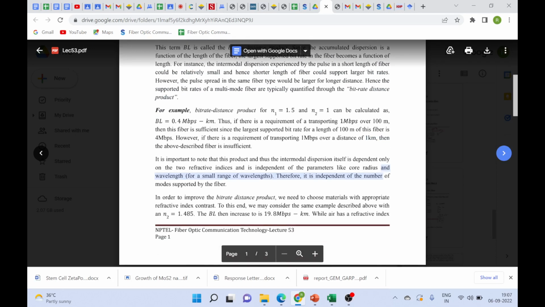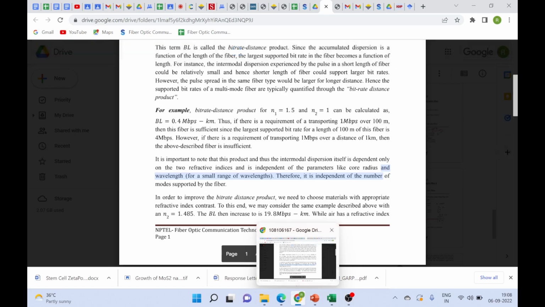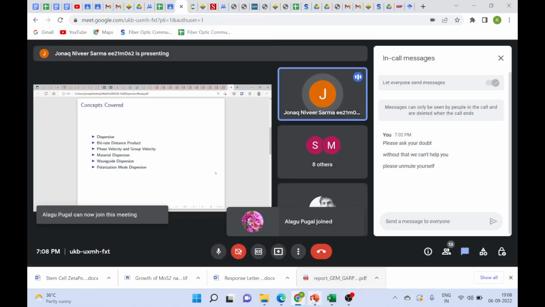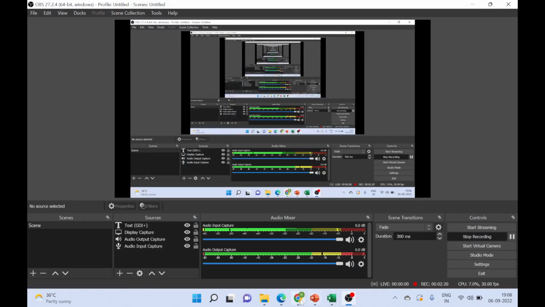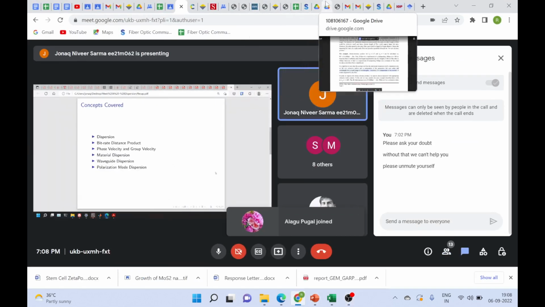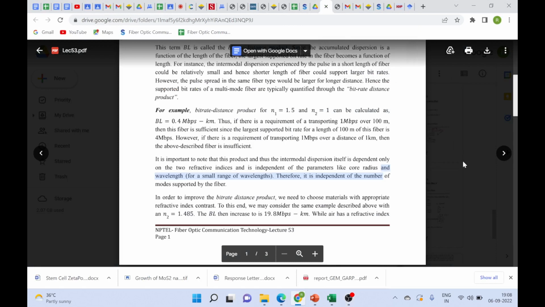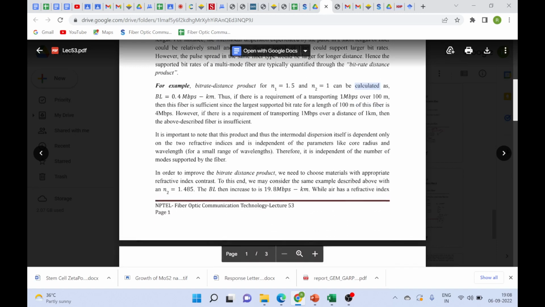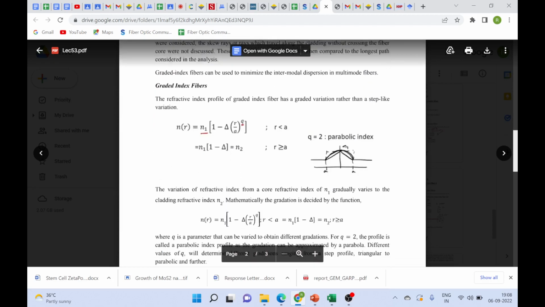For single mode fiber, we use 17 picoseconds per kilometer nanometer. So we're saying what is the dispersion per kilometer of the length traveled, what is the length of the fiber that we are capturing in that coefficient, and also we are capturing the line width of the laser source. So that will also have an effect.